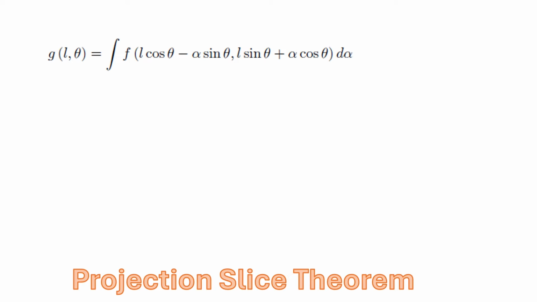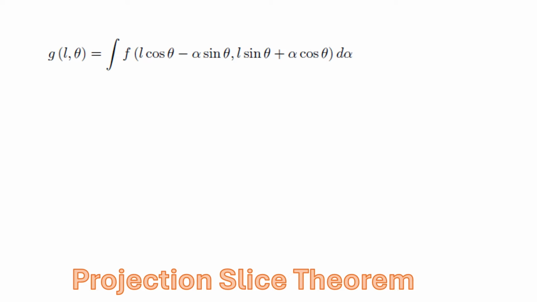We can vary the distance of the ray from the origin, L, and the angle of the normal of the ray that propagates through the object. We have a two-dimensional set of measurements, g(L, theta), which is operating on, in this case, a two-dimensional object f. So we're measuring the object in the plane from measurements outside of the region of the object taken at various angles and distances from the origin.